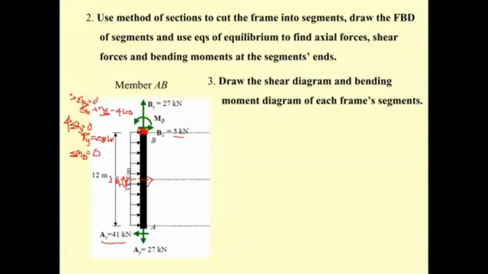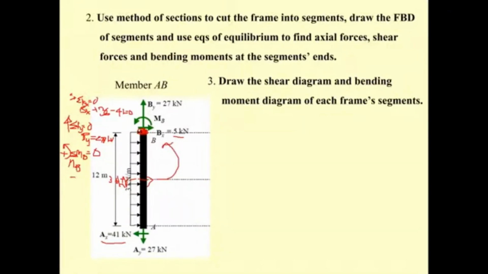Okay, M sub B equal to 0. And then what we have is what? The direction of M sub B is counterclockwise, so taking counterclockwise as the positive. M sub B here is going to be plus this one.